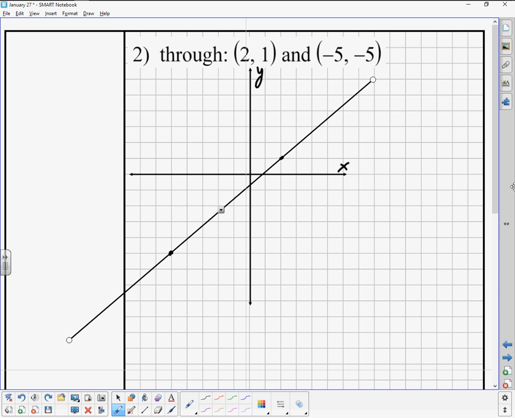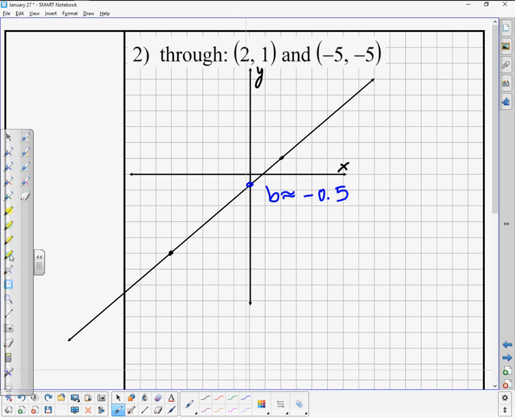Now, this is the b value. I'm going to approximate it. The b value, let's say, is about negative 0.5. It's between 0 and 1, so it's about negative 0.5. Now, imagine that I want to go from one point to the other point.